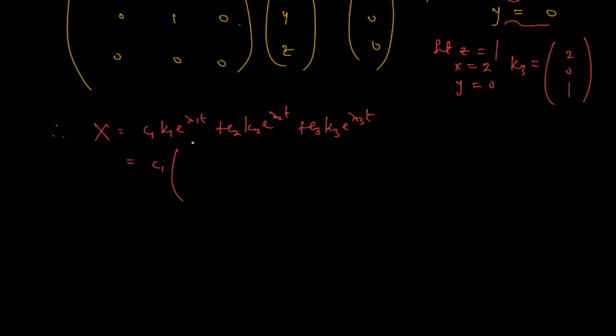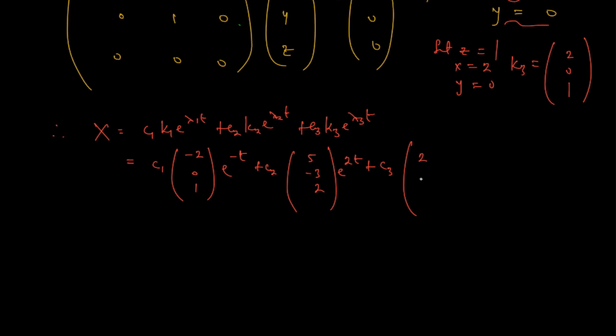The k1 we obtained above was negative 2, 0, 1, e to the power negative t, since that corresponds to the eigenvalue negative 1, plus c2 into the k2 we obtained above, 5, negative 3, 2, which corresponds to the eigenvalue 2, that's e to the power 2t, plus c3 into k3.